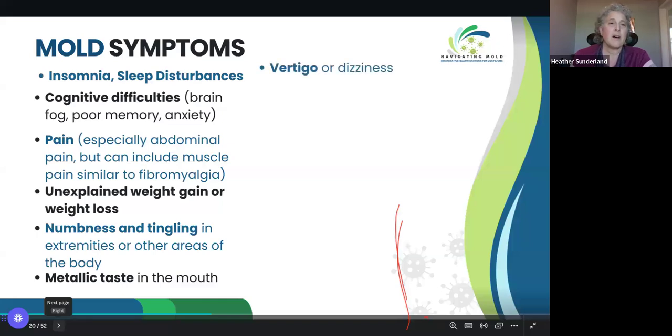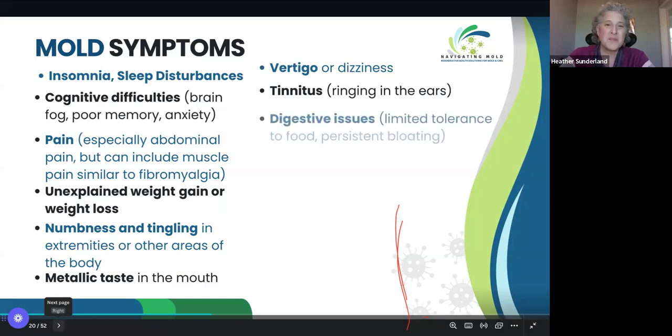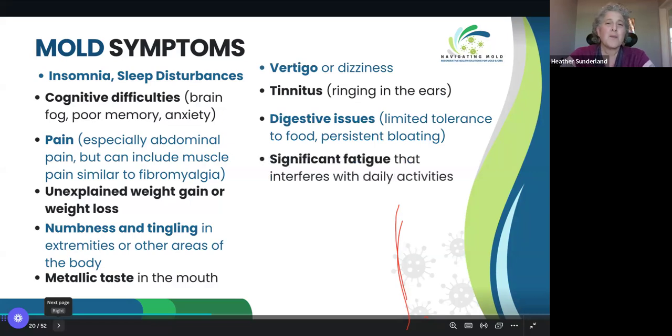Bobby really struggled with, I thought the next one was going to be tinnitus. She struggled with that, vertigo and dizziness for some people, digestive issues, limited intake, SIBO, SIFO, just chronic fatigue during the day, even after a good night's sleep.